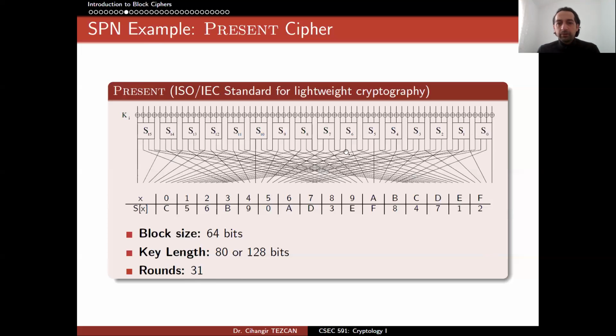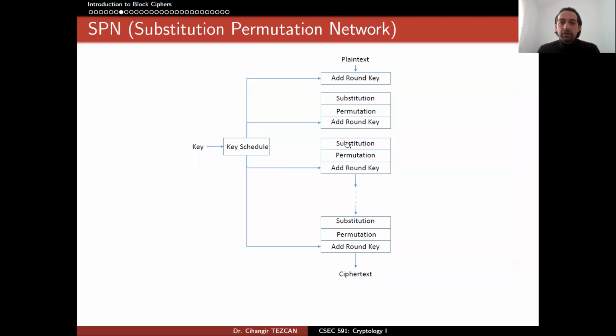As you can see, you're performing a lot of operations here, which causes some confusion and diffusion. So if you go back to the picture here, anybody capturing the ciphertext and knowing the PRESENT algorithm without knowledge of the key cannot go from here to here. Or again, if they know the plaintext and the ciphertext block, it wouldn't leak any information about the key.